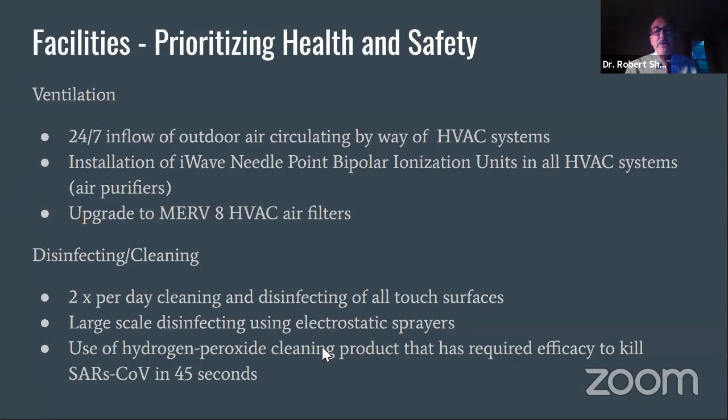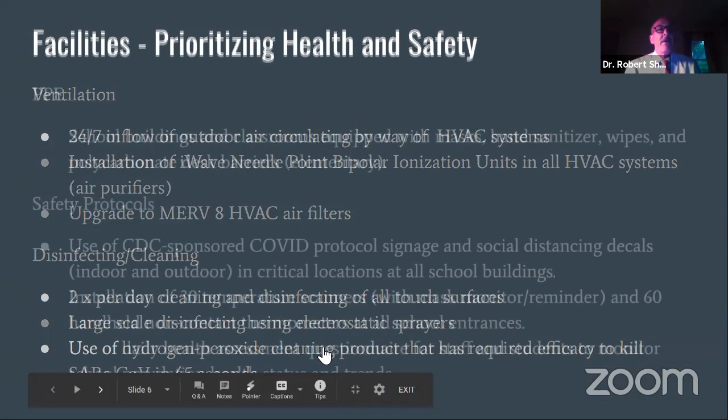So we know that health and safety is our priority, and by investing in the equipment and the products to have a consistent level of cleaning and disinfecting, we feel we can in some ways minimize risk and provide our staff and students with clean school buildings and classrooms as well.